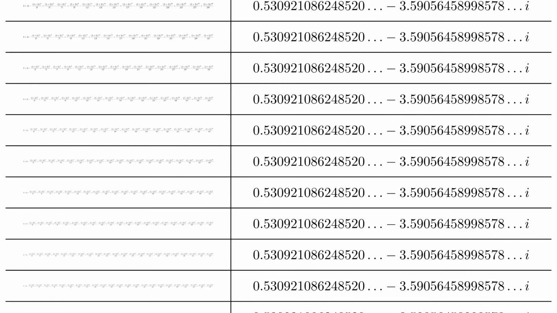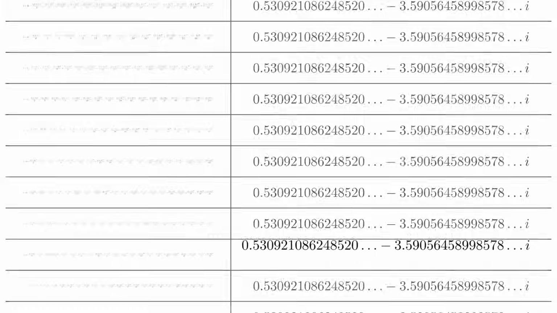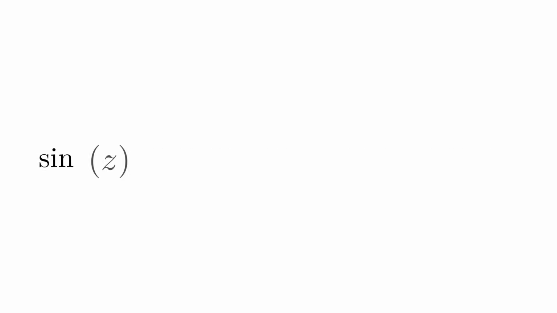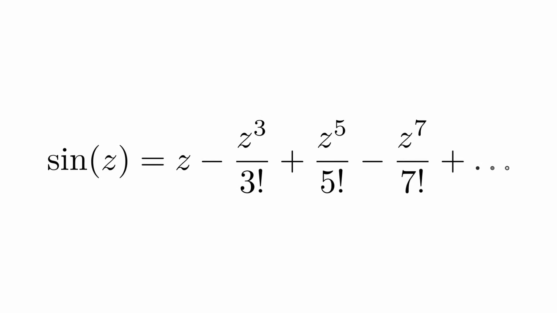Just by looking at these values, we can conclude that sine of 3 plus 2i must be some number in the vicinity of 0.53 minus 3.59i. In the case of sine of x, it's actually the case that we can calculate the value of sine of any complex number simply by plugging it into the partial sums of our Maclaurin series and waiting for it to converge.